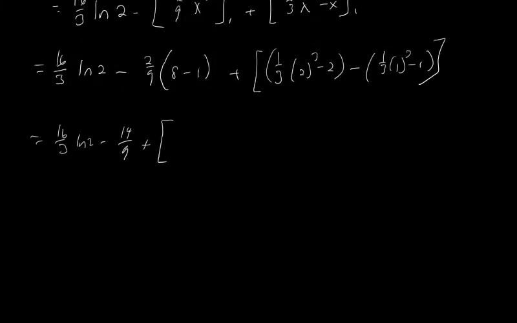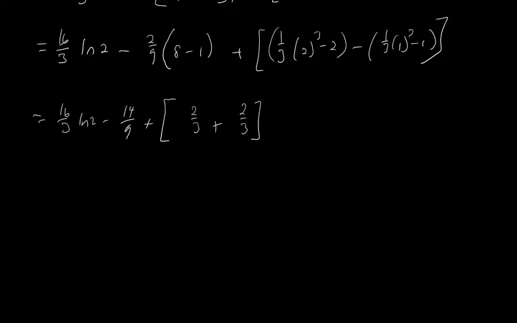All right, so here we're going to have 8/3 minus 2, so 2 is 6/3, so 8/3 minus 6/3 would be 2/3, minus 1/3 minus 1 would be negative 2/3, so that becomes plus 2/3. So then we've got 16/3 ln of 2 minus 14/9 plus 4/4, which is a total of 12/9.